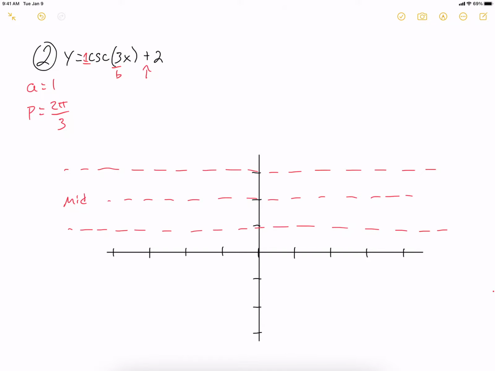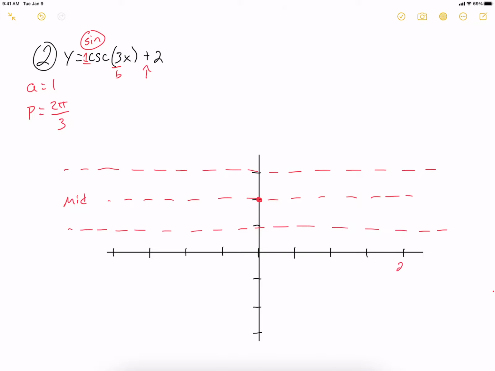Now, because this is cosecant, let's first figure out, okay, what is our sine function? Let's kind of graph the sine of this. Sine would normally start at the midline, and that would normally be here at the middle. Now, we have no movement left or right, but let's draw our tick marks anyway, or label our 4 tick marks.